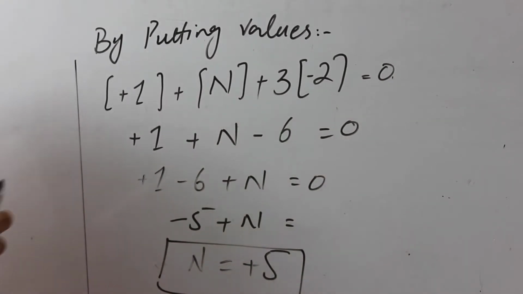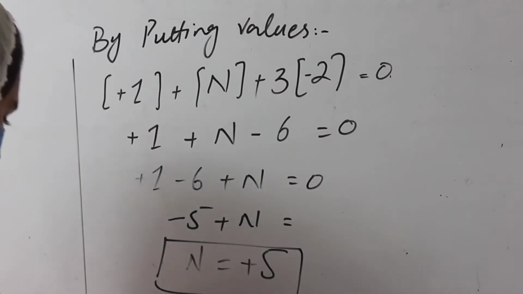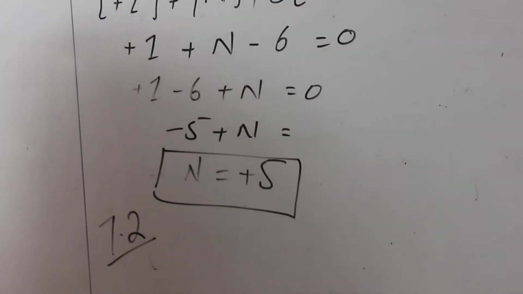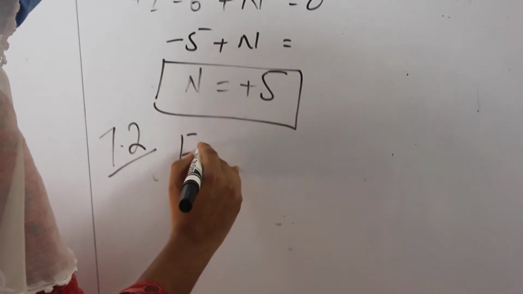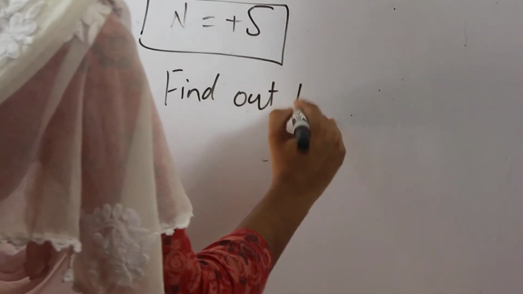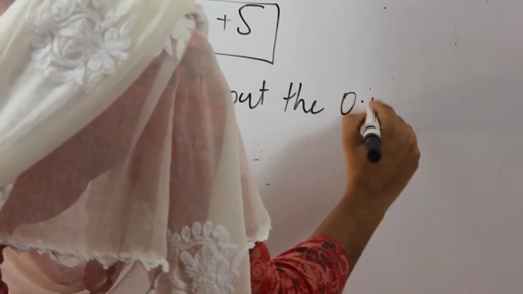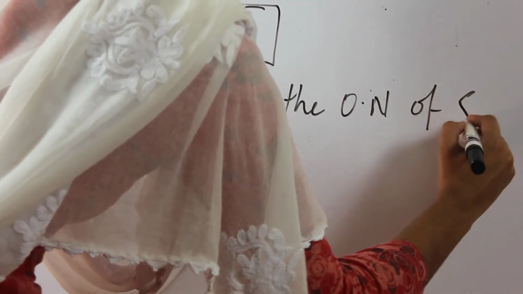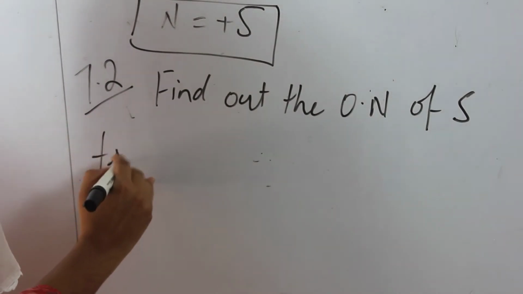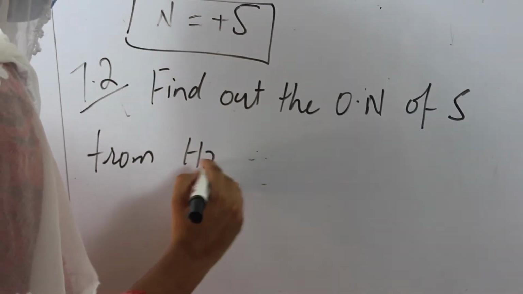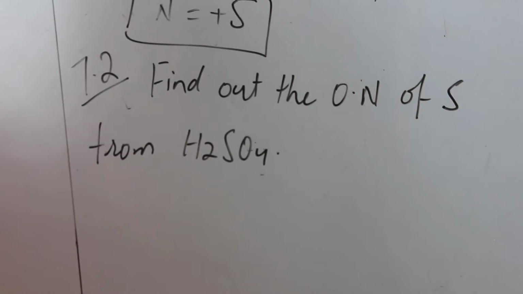Okay, now we are going to the next numerical, that is numerical number 2. In this numerical, we want to find out the oxidation number of sulfur from sulfuric acid, H2SO4.